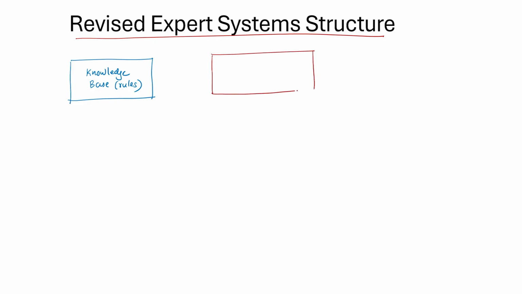So, let us say the first box we draw is the knowledge base, rules. Okay. And then the second box, as we drew earlier, is the inference engine.